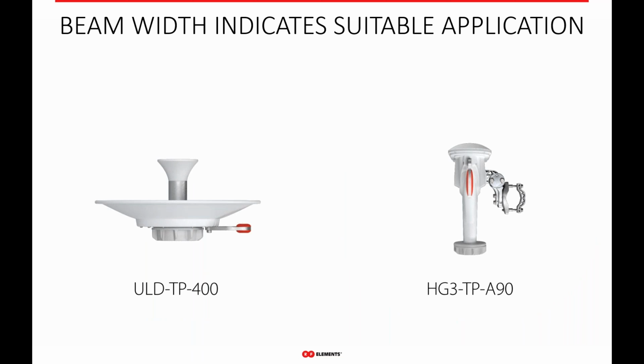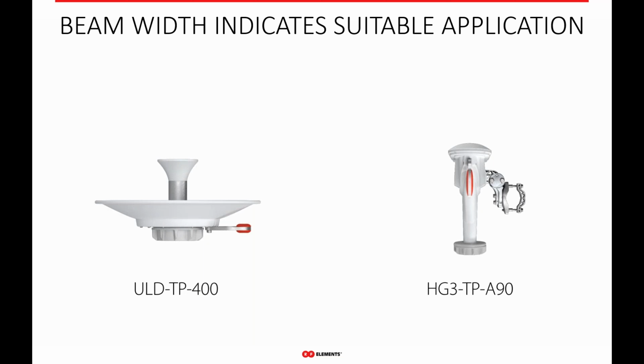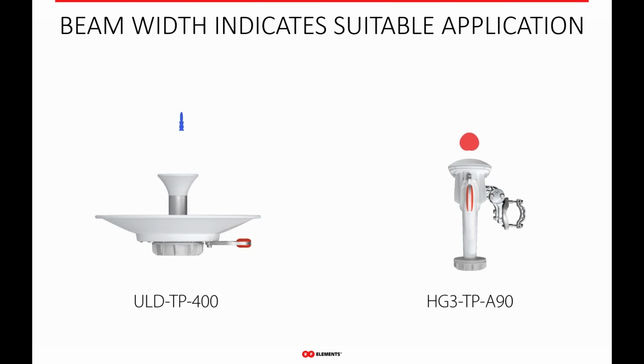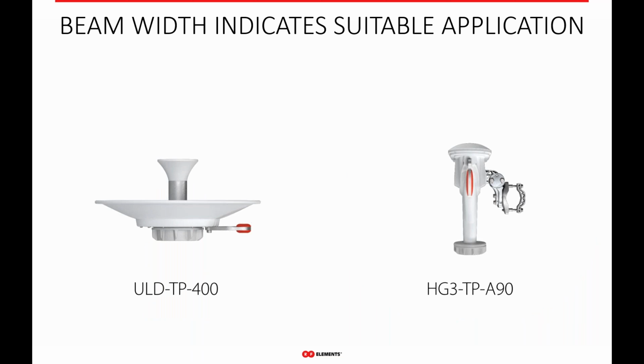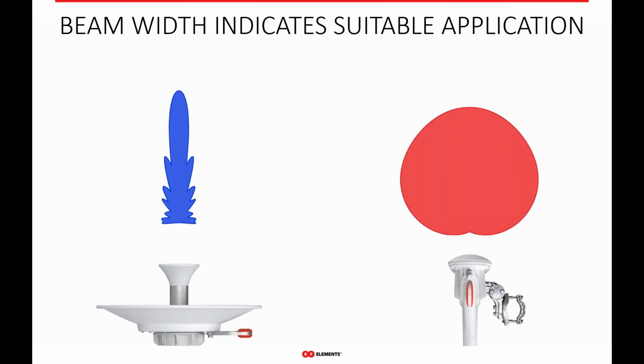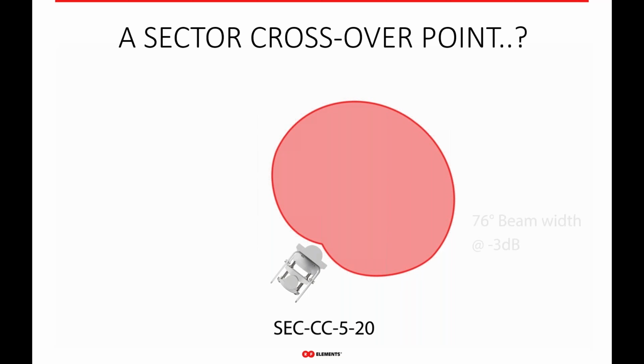But because of the higher gain and the narrower beam width, high gain antennas are mostly used for point-to-point, to squeeze the largest possible link distance for any particular link, right? But you can use any type of antenna for almost any type of job. It depends on whether or not it's most suitable for what you're actually trying to achieve in the end.